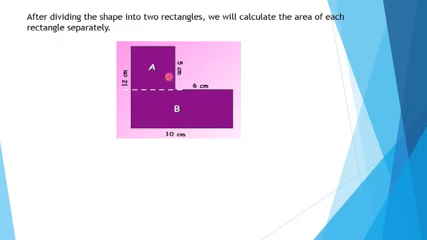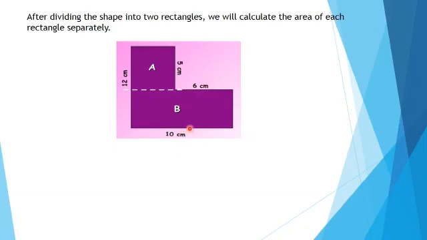Firstly, calculate the area of rectangle A. For the rectangle A, we have a length of 5 cm. But to find its breadth, we have to subtract this 6 cm from this 10 cm. Therefore, the breadth of rectangle A will be 10 minus 6 and that is 4 cm.